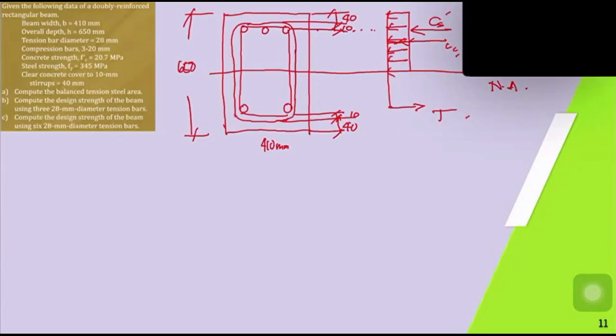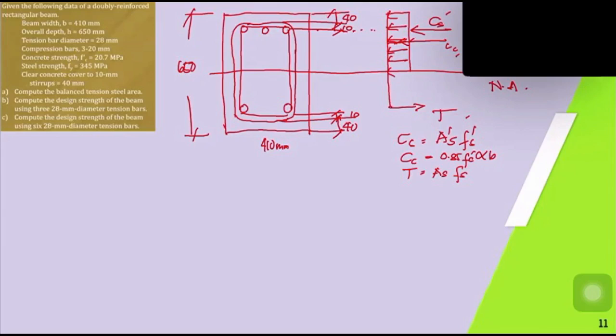The compression due to steel, let's say CS, is equal to AS prime, the area of compression steel, times FS prime, the yield strength of the compression steel. The compression due to concrete is 0.85 FC prime alpha B. The tension is AS FS. Just replace FS with FY if the steel yields.